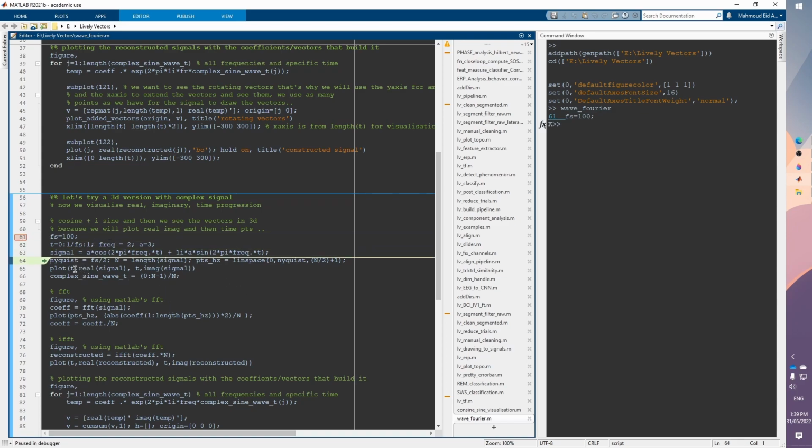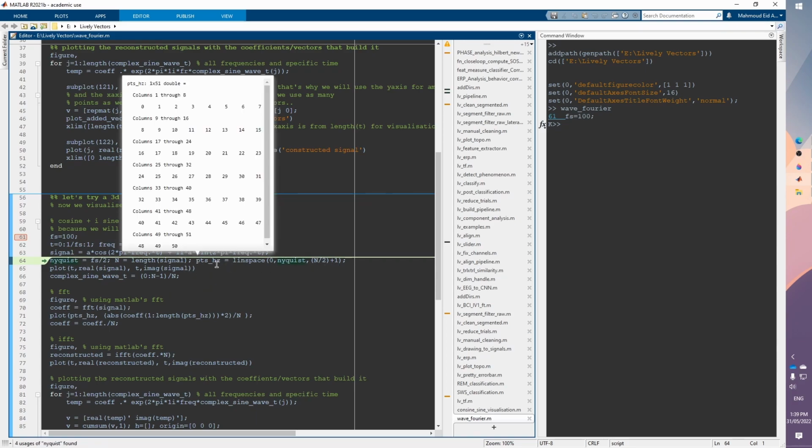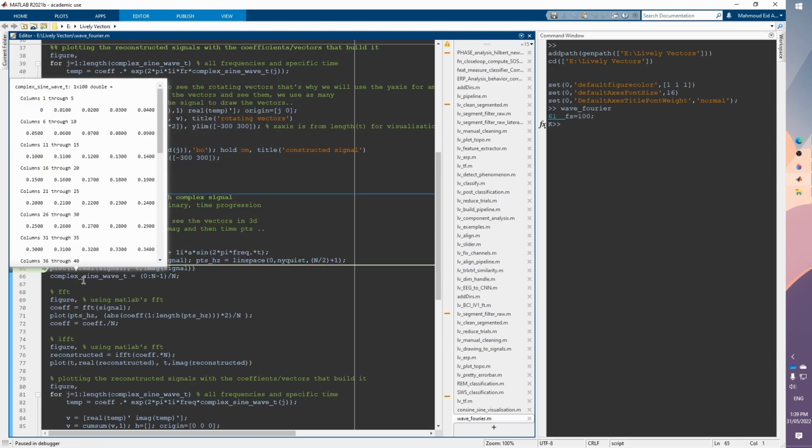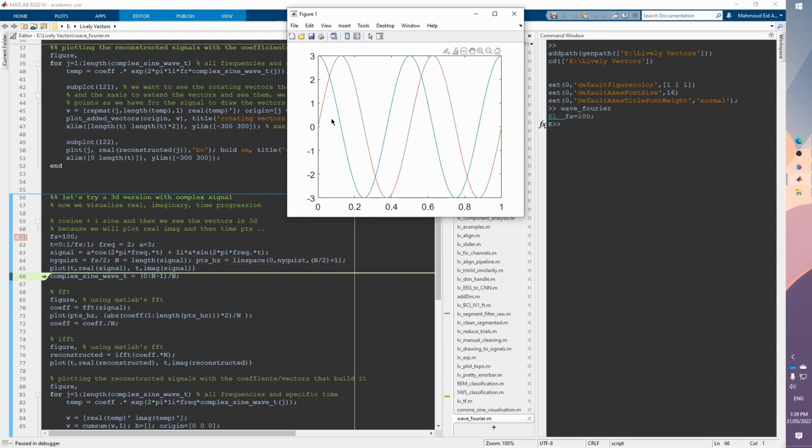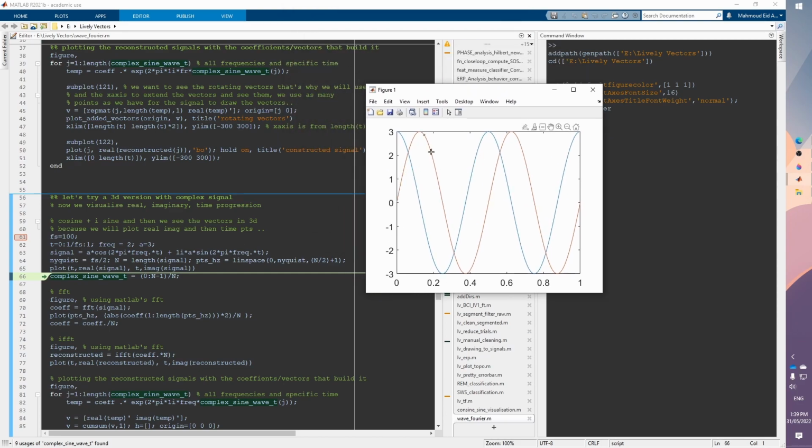And we are still estimating Nyquist, and then changing our units to hertz, and then here I'm plotting the time with the real part of the signal, so this will be in blue, and the imaginary part will be in red, and we can look at this and see that this is true. We have an amplitude of 3, so that's why this is touching 3, and we have a cosine wave to be real, so that's a cosine wave. Okay, and we have a sine wave that is imaginary, and that's the sine wave. Okay, right now we have our complex signal, cosine plus i sine.